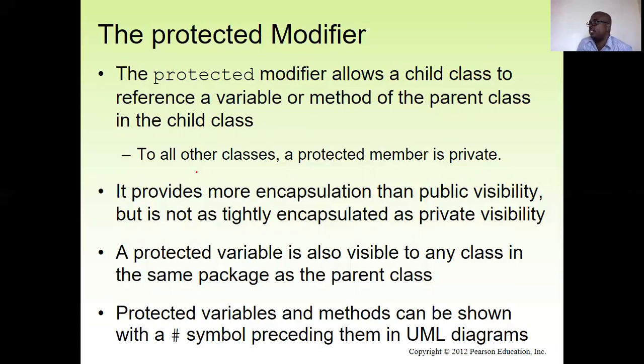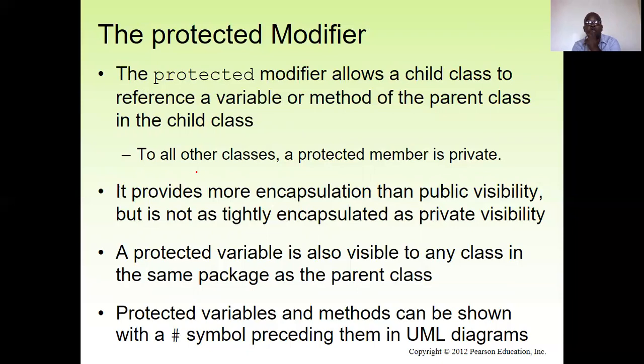All right. Now, if we want to allow the child class to reference a variable or method of the parent class in the child class, then the protected modifier can be used. What that actually does is make sure that the child class can access it. But to all other classes, that method is not accessible, except for those classes that are in the same package.